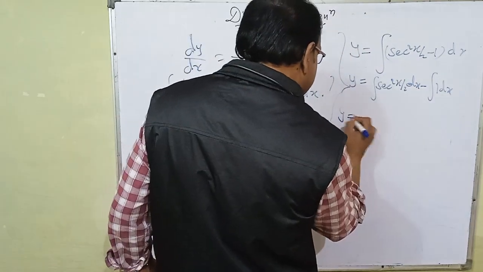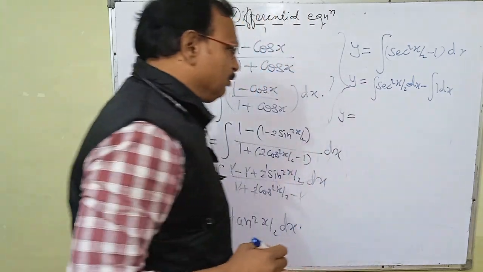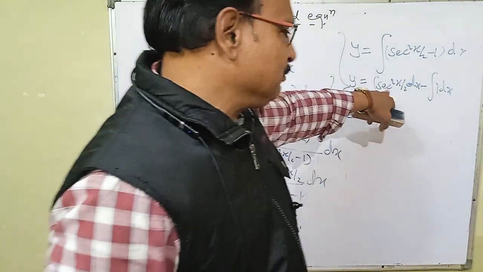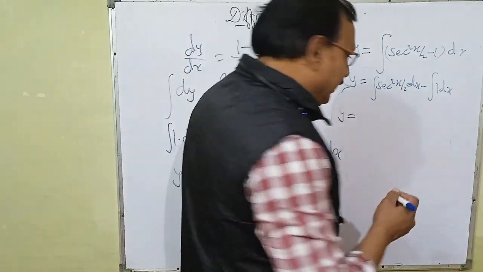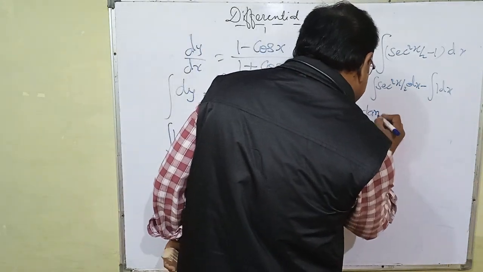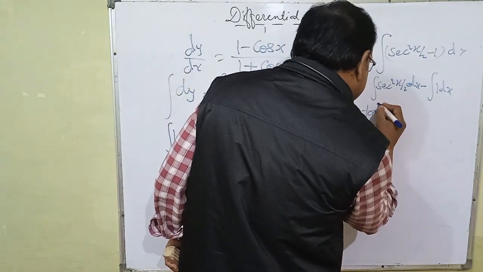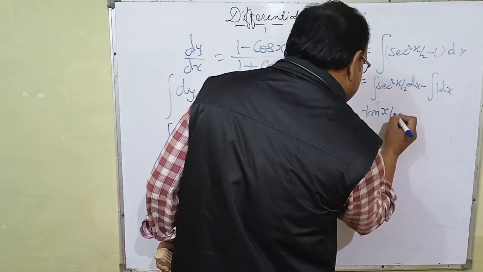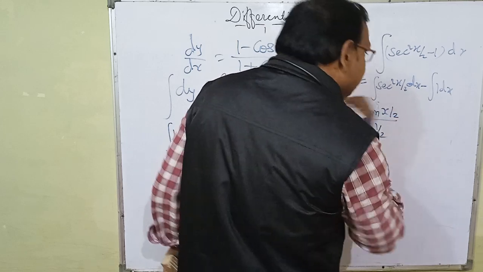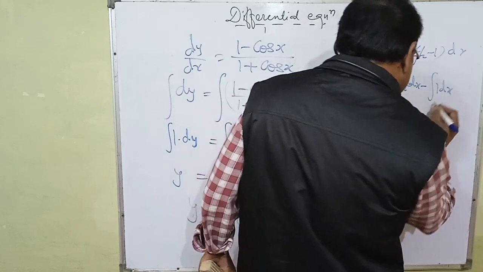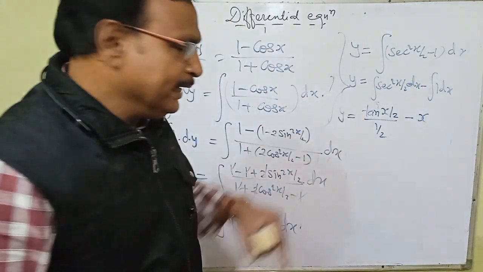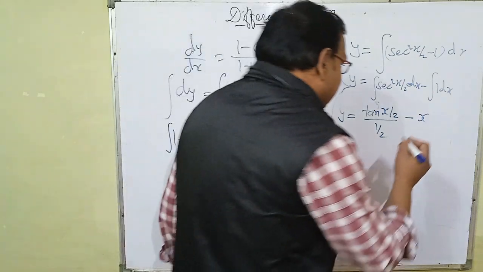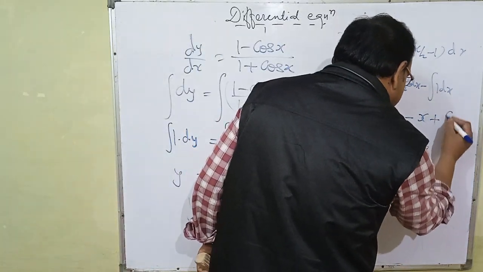Again y is equal to integration of sec square x by 2. What is the integration of sec square x by 2? Tan x by 2, and the coefficient is 1 by 2. Then here we find tan x by 2 upon 1 by 2 minus integration of 1 dx, and because this is an indefinite integral, we have some constant c.